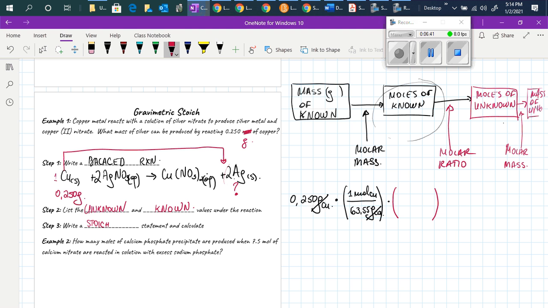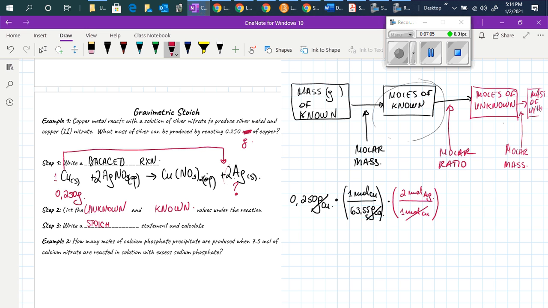To cancel the moles of copper, we put 1 mole of copper in the denominator and 2 moles of silver in the numerator.